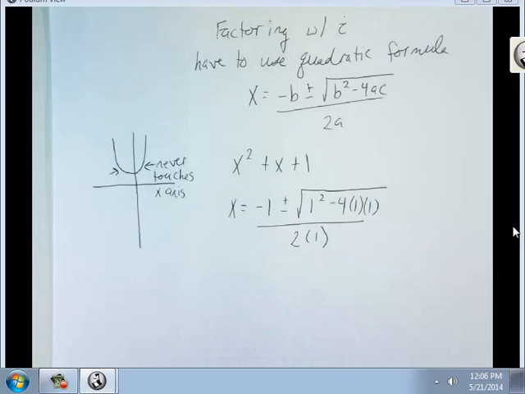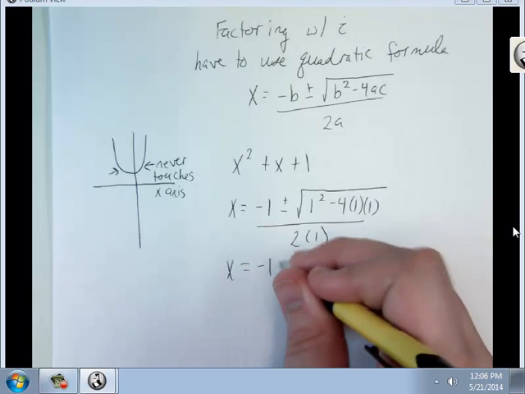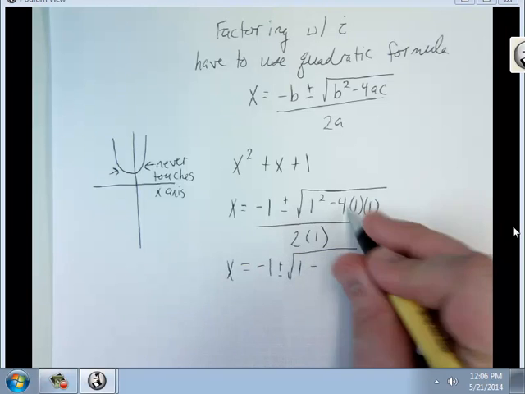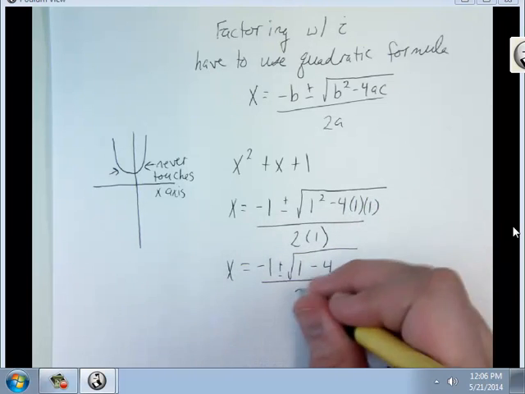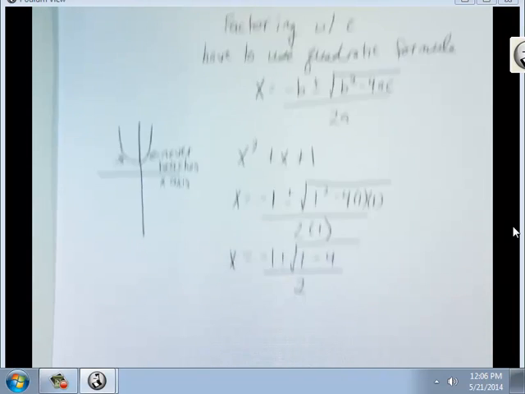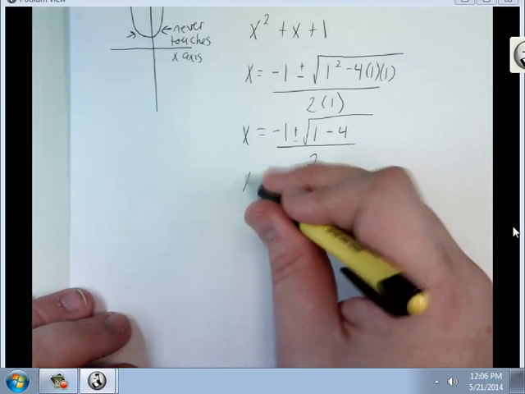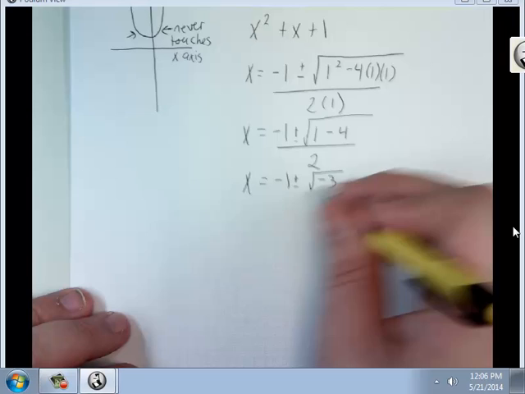Really easy when I give you all the same number. x equals negative 1 plus or minus the square root of 1 squared is 1, minus 4 times 1 times 1 is 4, all over 2. x equals negative 1 plus or minus the square root of negative 3 over 2.